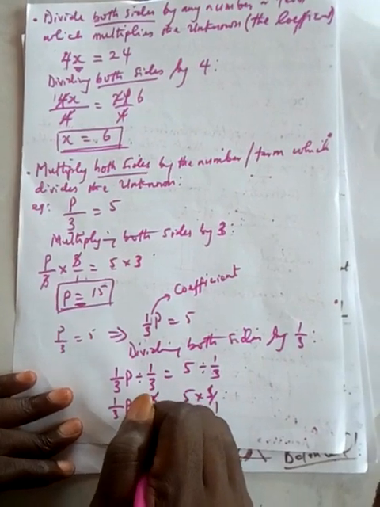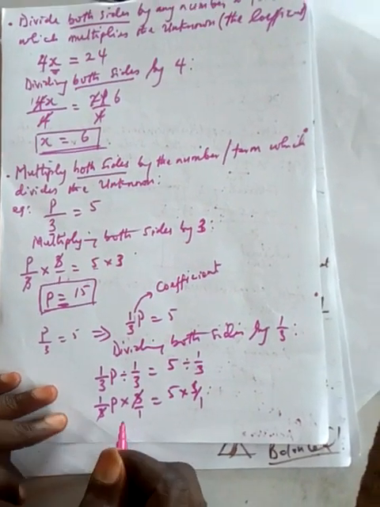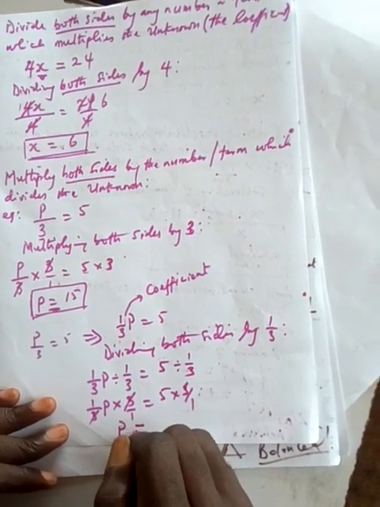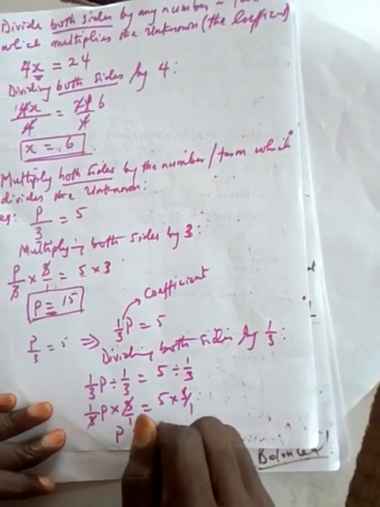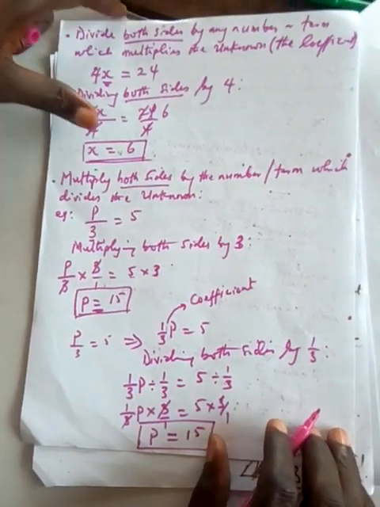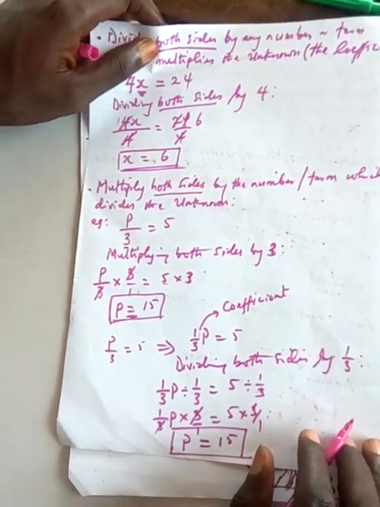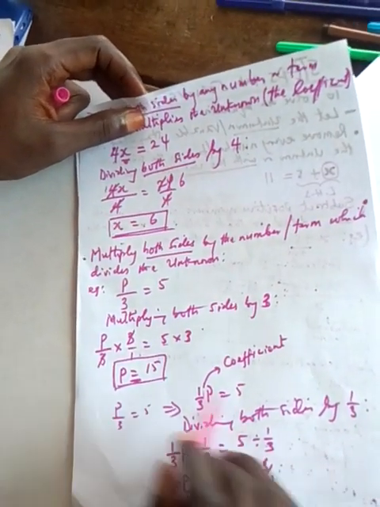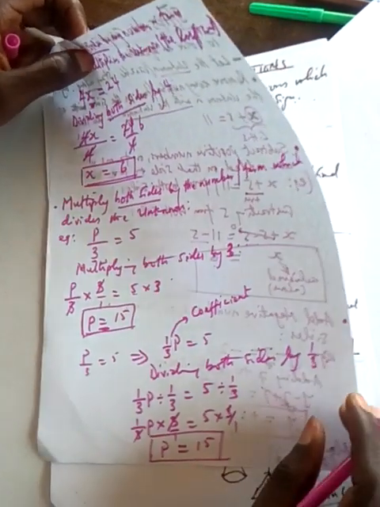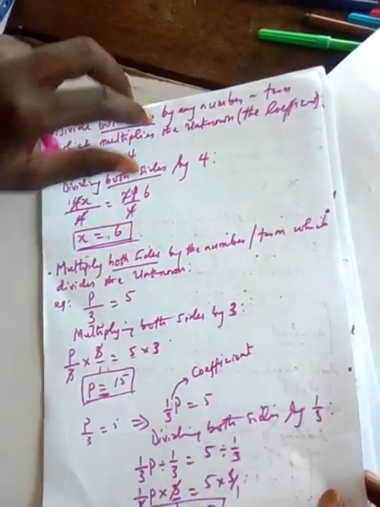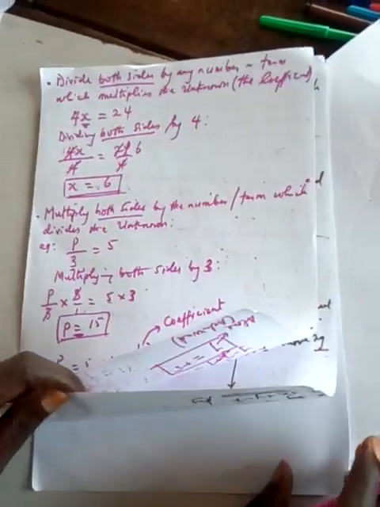This is correct because 3 cancels 3, 1p times 1 is p, 5 times 3 is 15. So you see, I have given 4 steps, but in principle, there are actually 3 steps because the division is a multiplication by the reciprocal of that number. So I hope this makes a bit more sense to you.